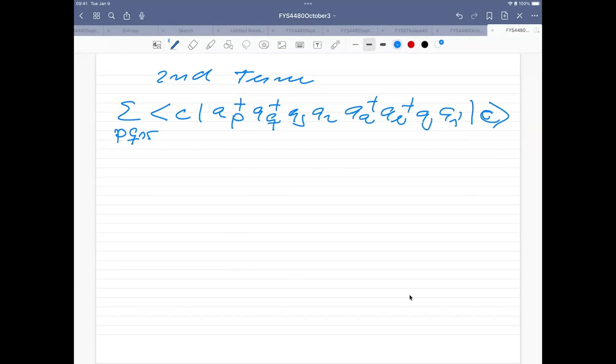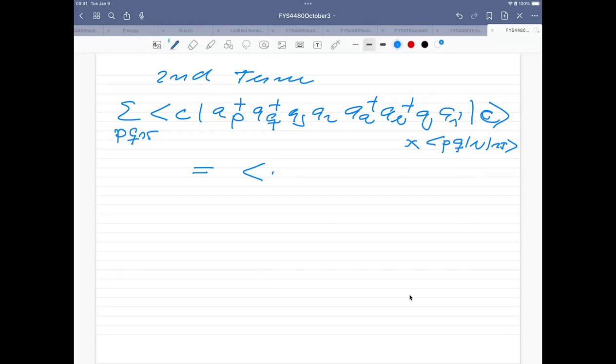So the second term is simply going to give us a matrix element. So this is also multiplied with a PQ multiplied with PQRS. So this is simply going to give us a contribution where I now have IJ.